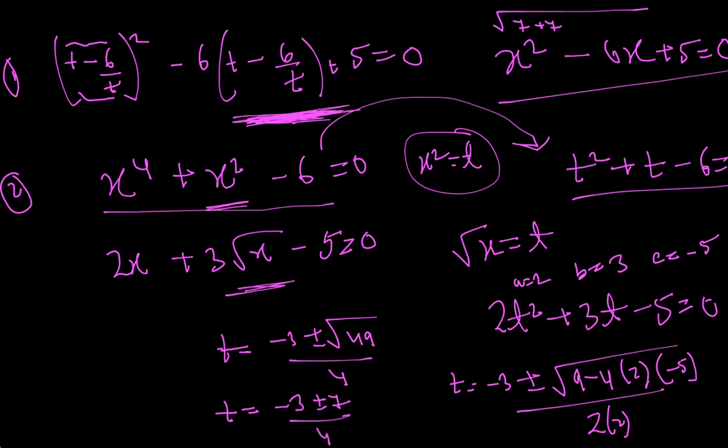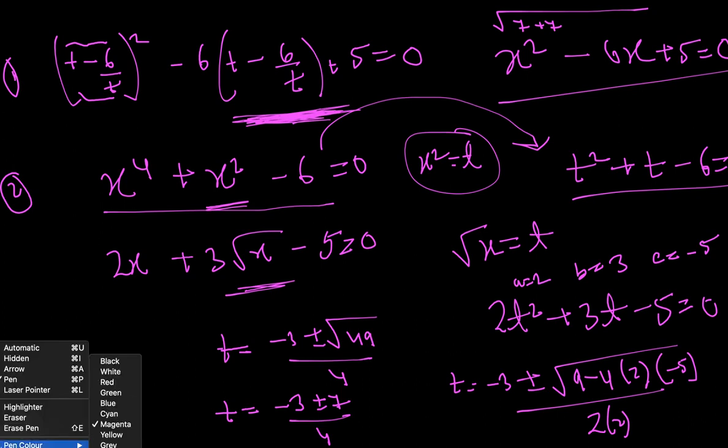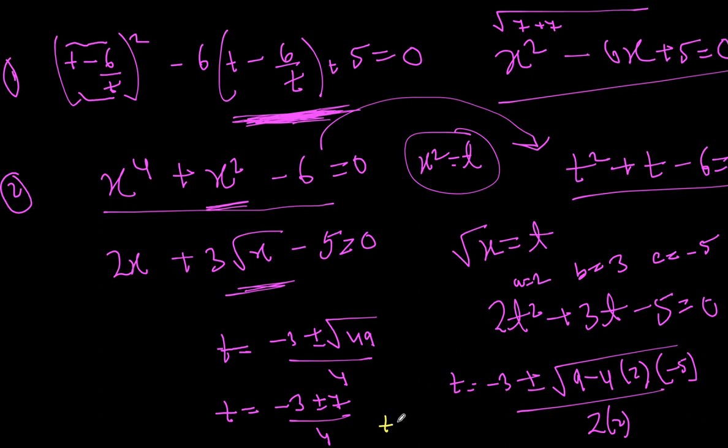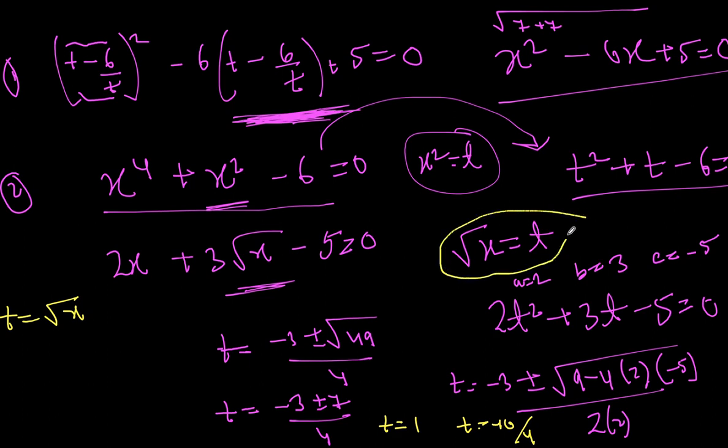So what are the two values of t you will get from this? If you take the positive one, you will get minus 3 plus 7 is 4, over 4, which is 1. If you take the negative one, you will get minus 10 over 4. But what was actually your t? Your t was under root x. That was my assumption. You can see here I have assumed under root x as t.